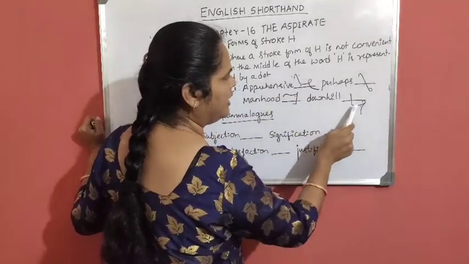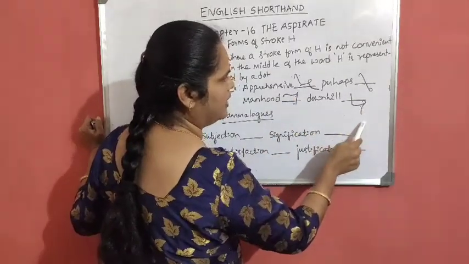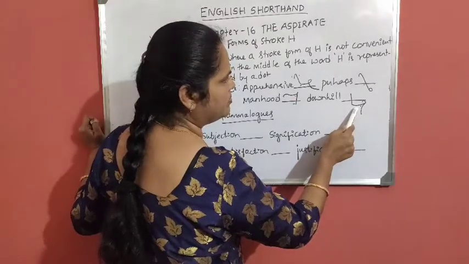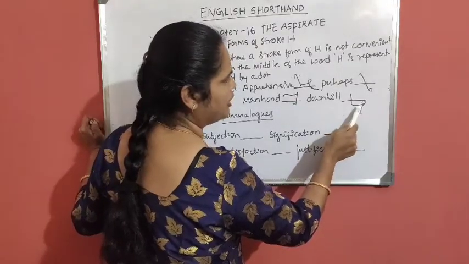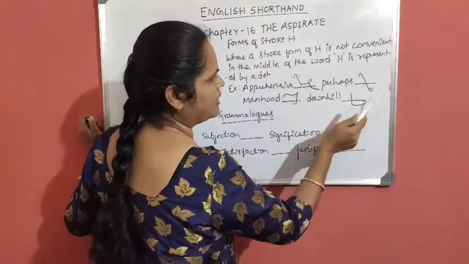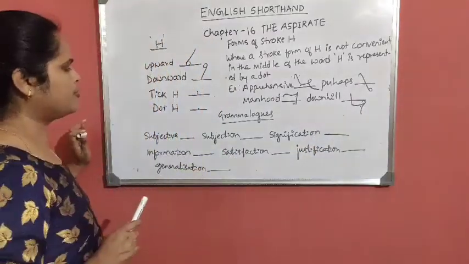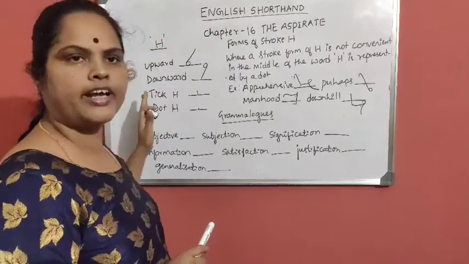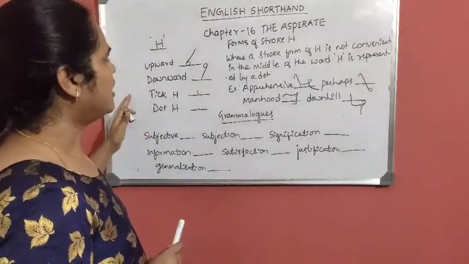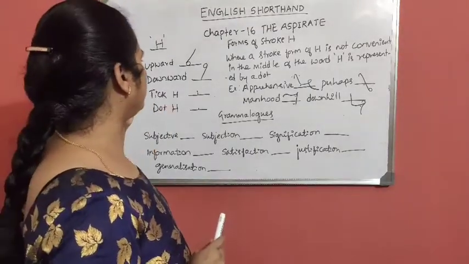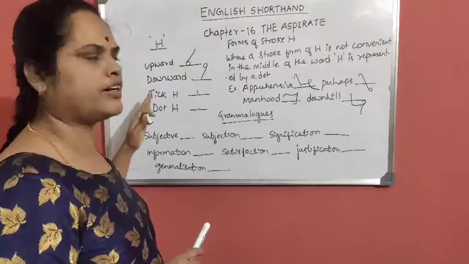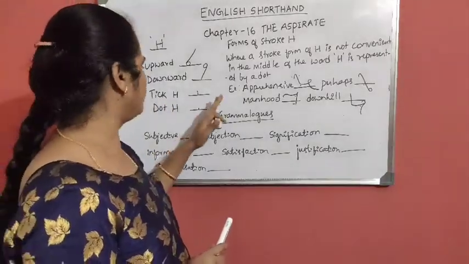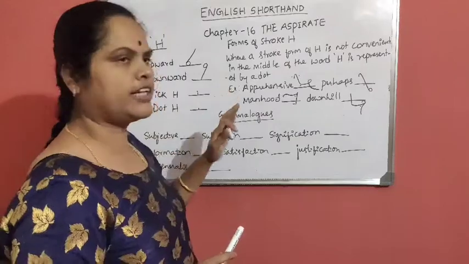Downhill, D, N, I diphthong, L. This is for H, one dot is marked here. So there are four forms of H: upward, downward, tick H, and dot H. I already explained when to use upward H and downward H and tick H. Now I explained dot H also.